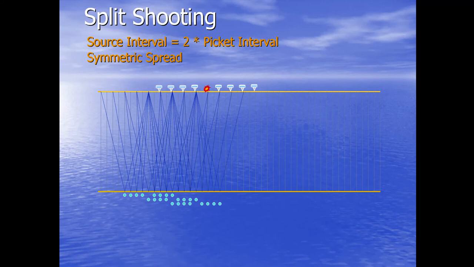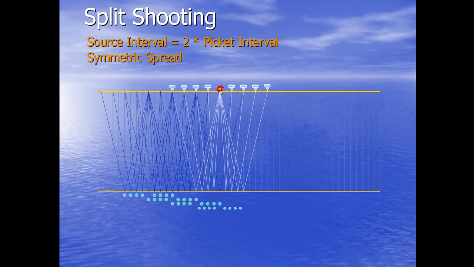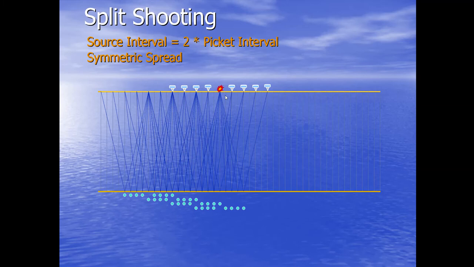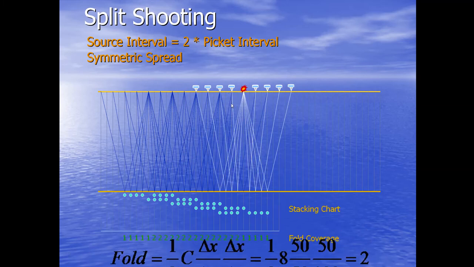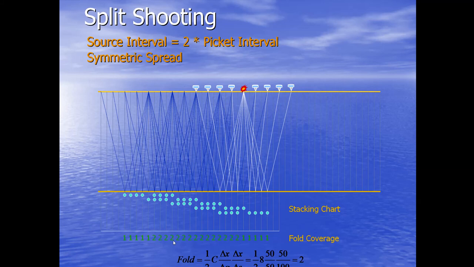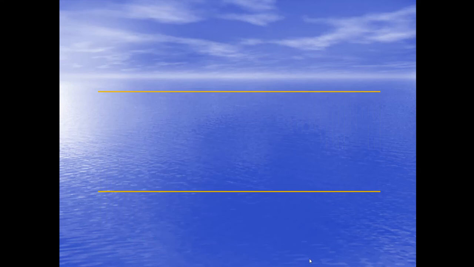Over here you can see our source is moving from here to here, so it means the picket interval is 2. In this case our fold is minimum. Let's say this is 2-fold data, so we can calculate it based on our acquisition geometry.